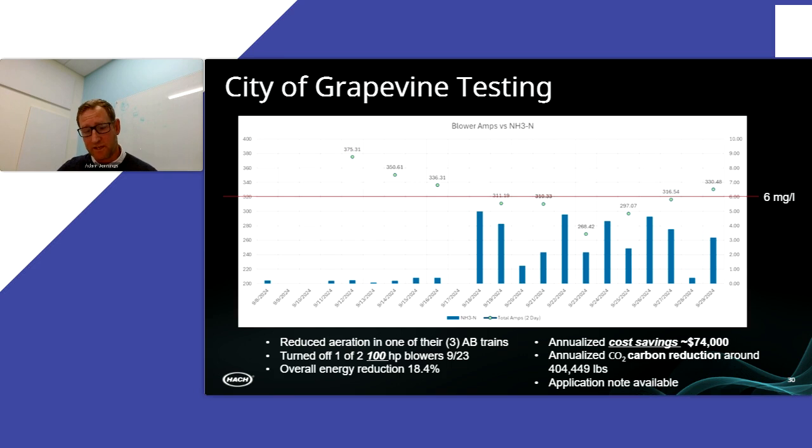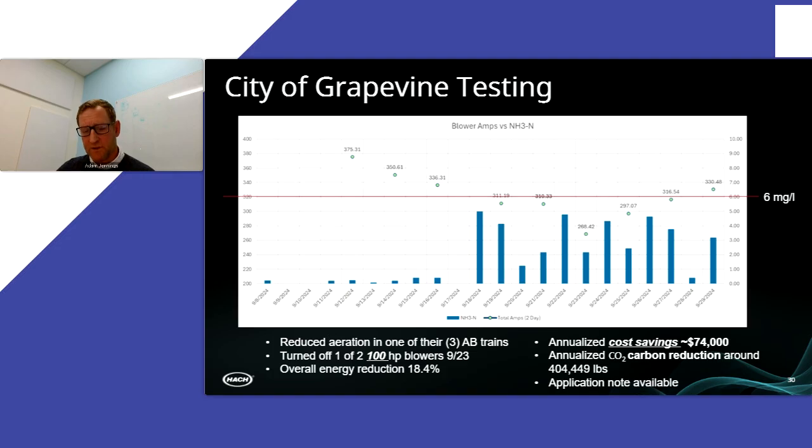You can see they brought their amps from 375 amps combined to a point on the 23rd where they were able to turn off a whole blower and still maintain values that were under their permit limit at that time of the year, which was 6 milligrams per liter.